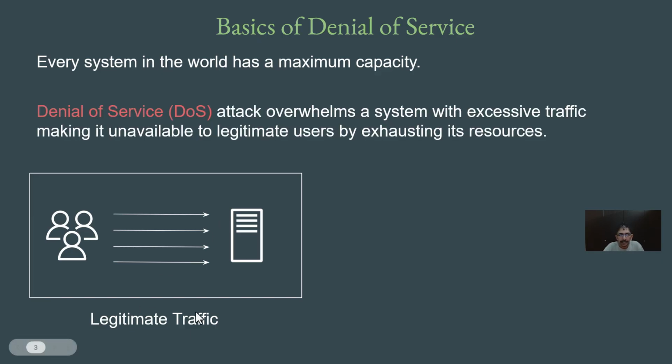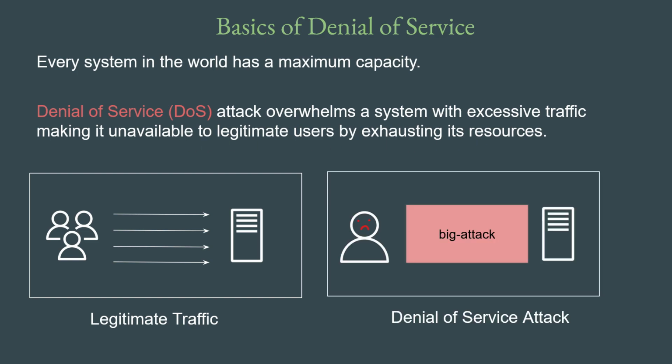Now, when we discuss denial of service attacks, in this case, it tries to overwhelm the system with excessive traffic, making it unavailable to the legitimate users by exhausting its resources. So on the right hand side, you have a single attacker over here. This single attacker has launched a massive attack on the server.